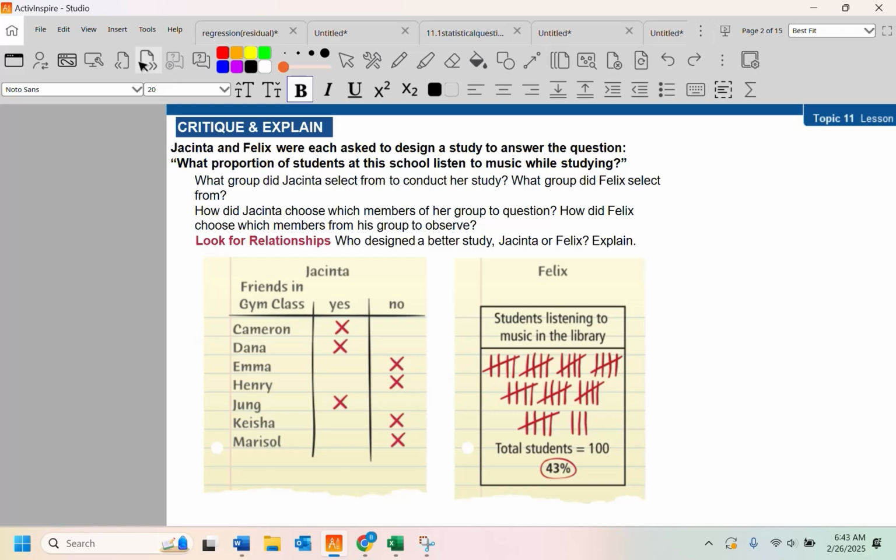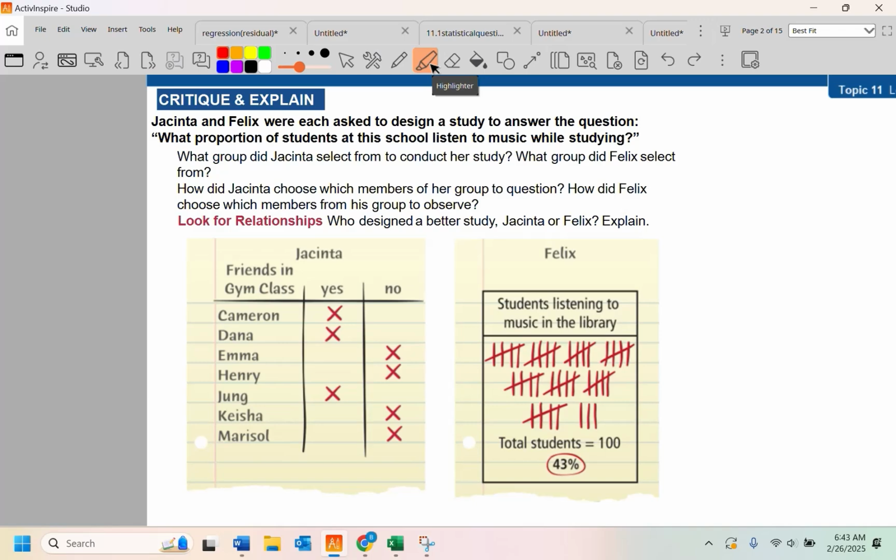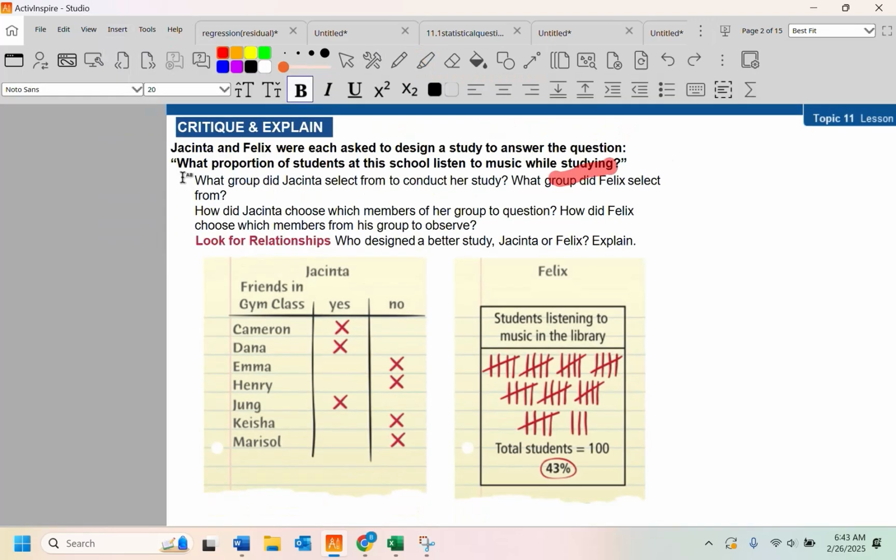And who designed a better study, Jacinta or Felix? Well, Felix did, and it's obvious because the deal was while studying. And I feel you are more likely, at least you used to be, more likely to study in the library. Now, I've walked by a library a couple of times, and it's basically just a chat zone for a couple of kids.